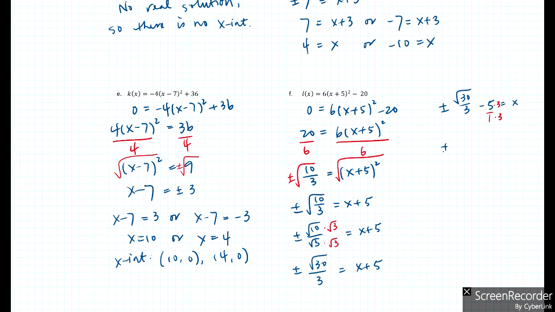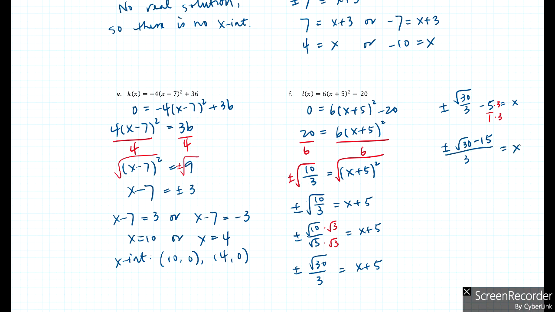And we would get plus or minus square root of 30 over 3 minus 15 over 3. And that's really the only extra step you would be able to do over here. And that's equal to x.